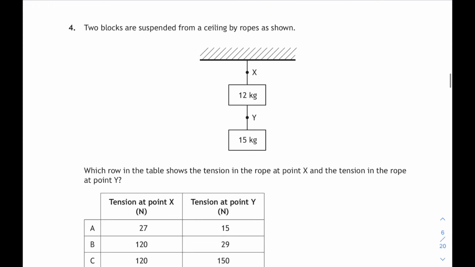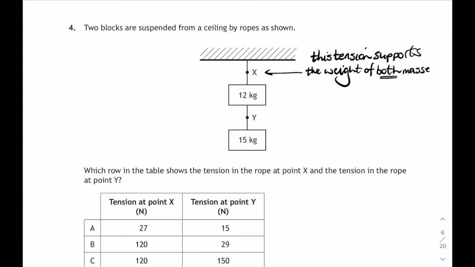Question 4. 2 blocks are suspended from a ceiling by ropes as shown, and which row in the table shows the tension in the rope at point X and the tension in the rope at point Y? Well, the thing to remember here is that the tension in X is supporting the total weight. That's the weight of both masses that's below it.